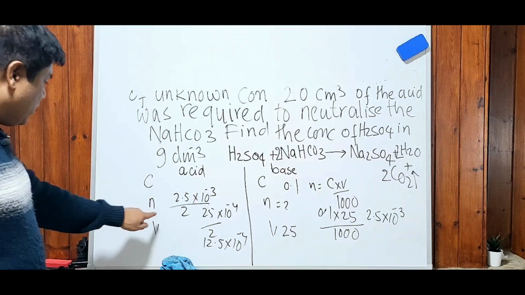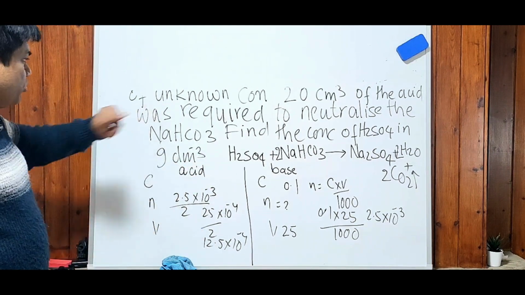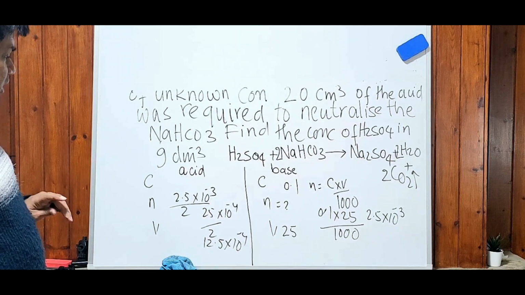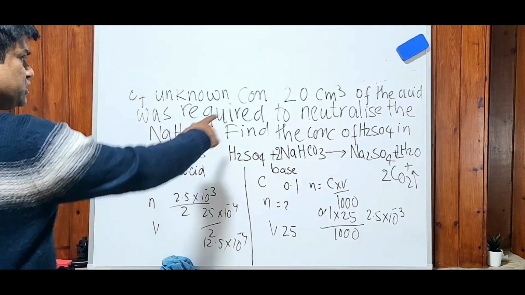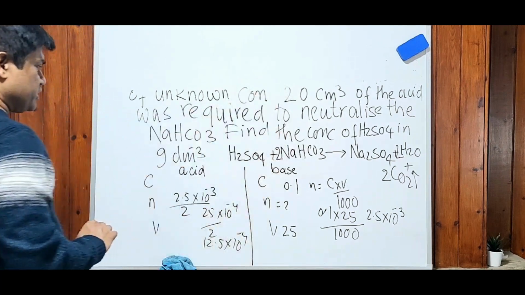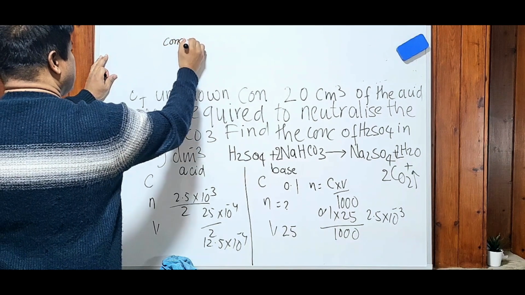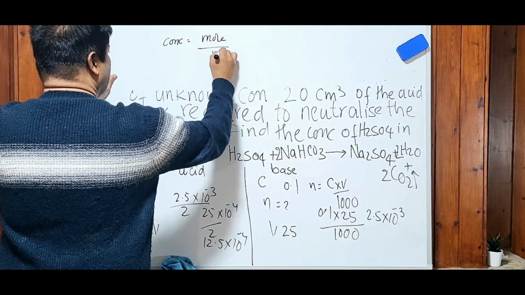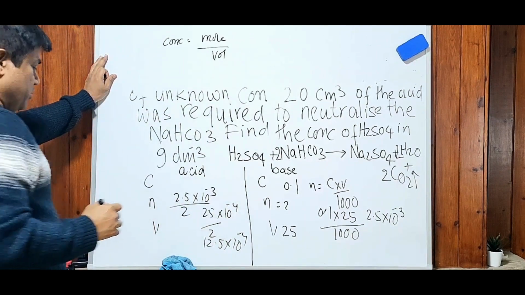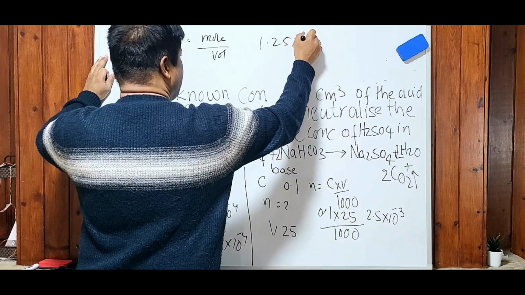That's the mole of sulfuric acid. Now the volume is given, which is I think 20 centimeter cube of the sulfuric acid. So conc of the sulfuric acid, conc equals mole divided by vol. What's the number of mole? 1.25 into 10 to the power of minus 3.